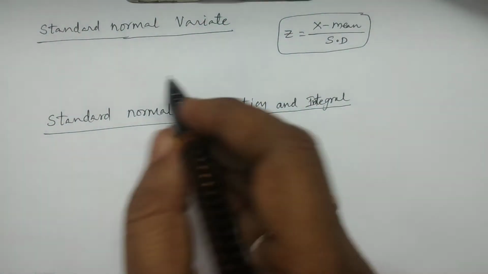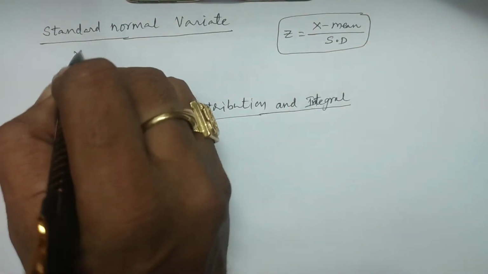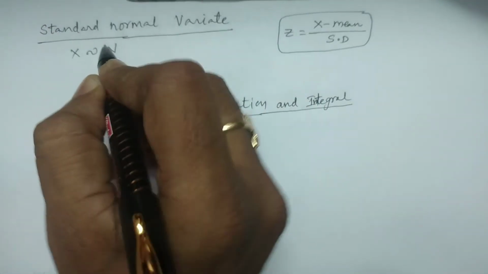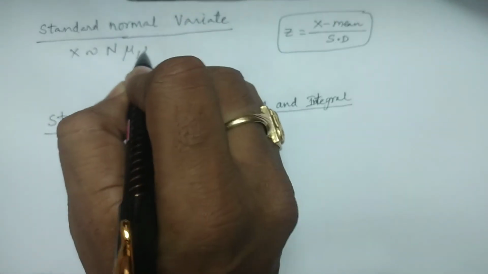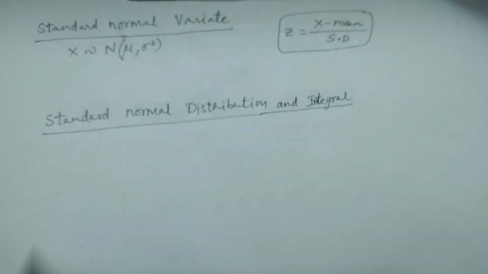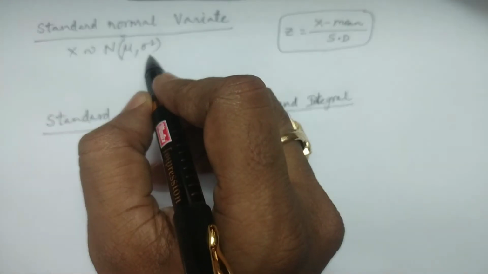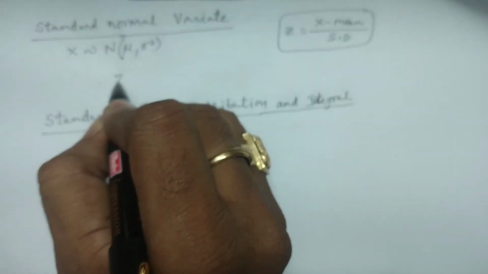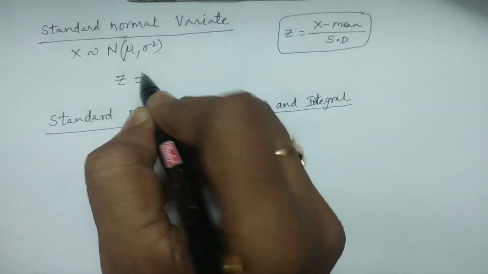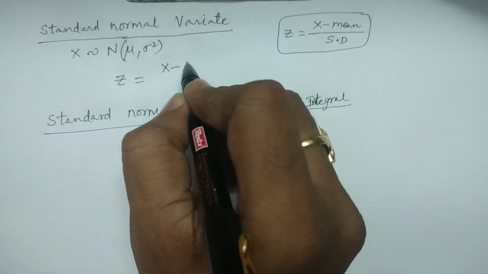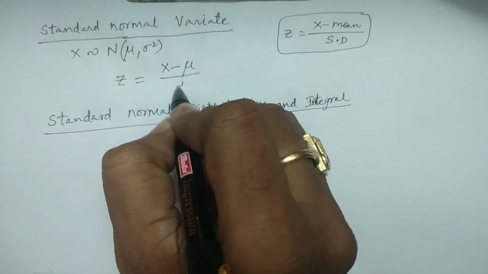But if you consider x follows a normal distribution with mean mu and variance sigma square, which means the standard deviation is sigma, then the standard normal variate is defined as z is equal to x minus its mean mu divided by standard deviation sigma.